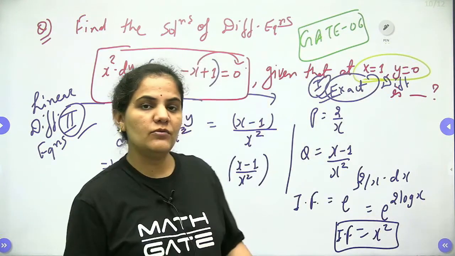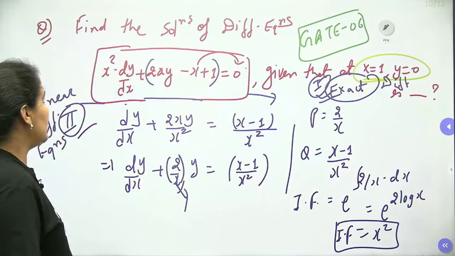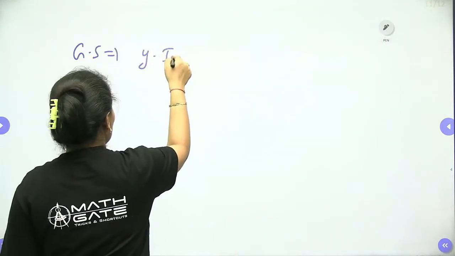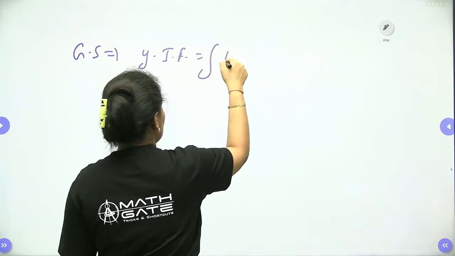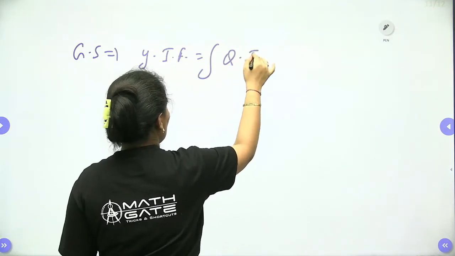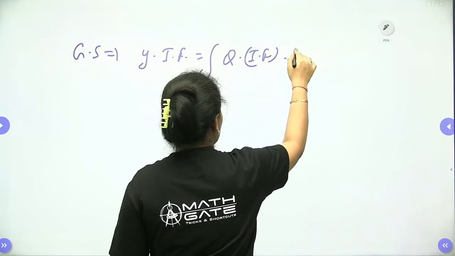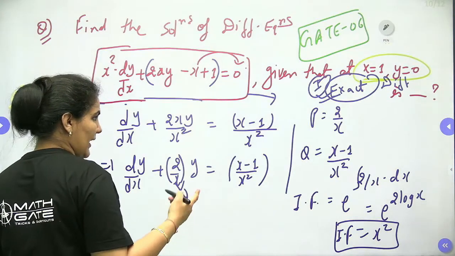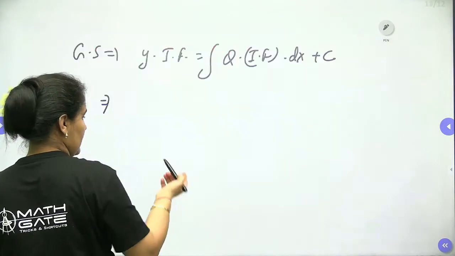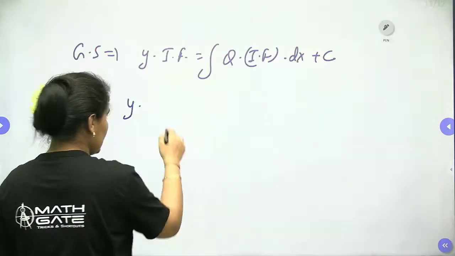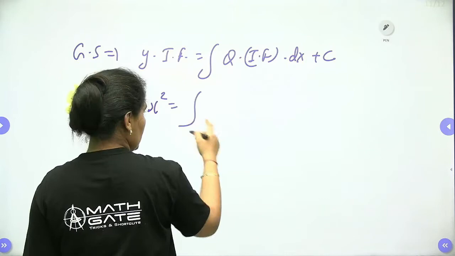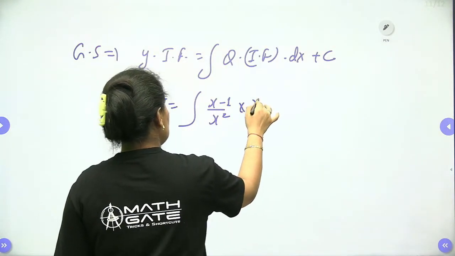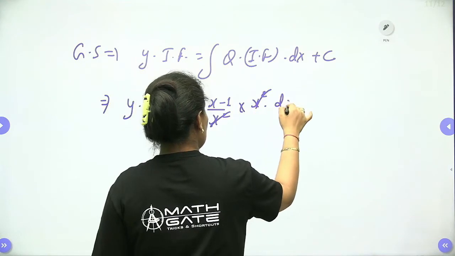Now if you want to find the solution with the linear method, the general solution will be y into integrating factor is equals to integral of q into integrating factor dx plus c. So y is as it is, the integrating factor is x square, and q is x minus 1 by x square, so x square and x square will cancel out.